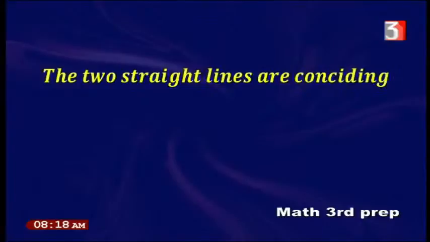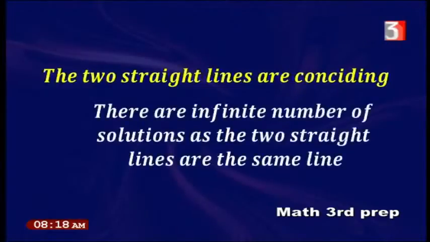And as they are coinciding, there are many, many points which satisfy the first and the second line at the same time. So we can say that there are infinite number of solutions as the two straight lines are the same straight line.